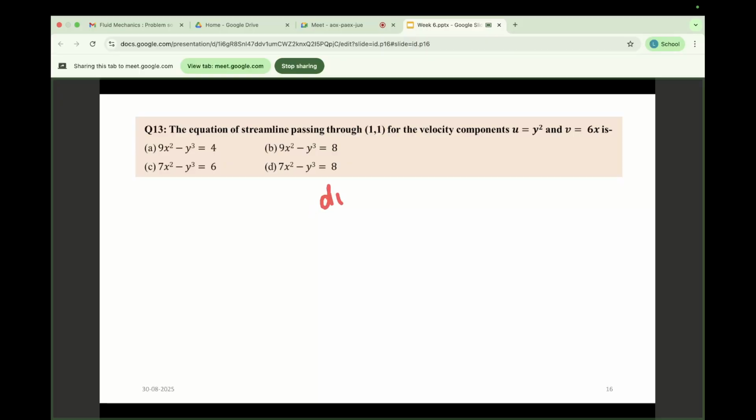We know dy/dx is v by u, and then we solve this differential equation, which is quite easy. So this one is 6x by y square.